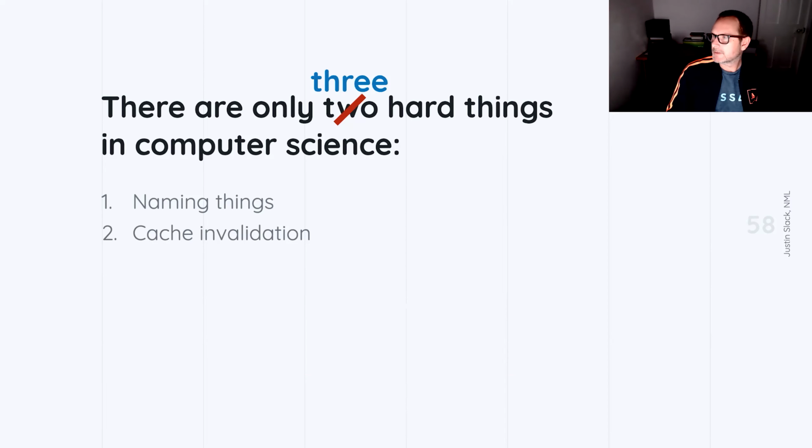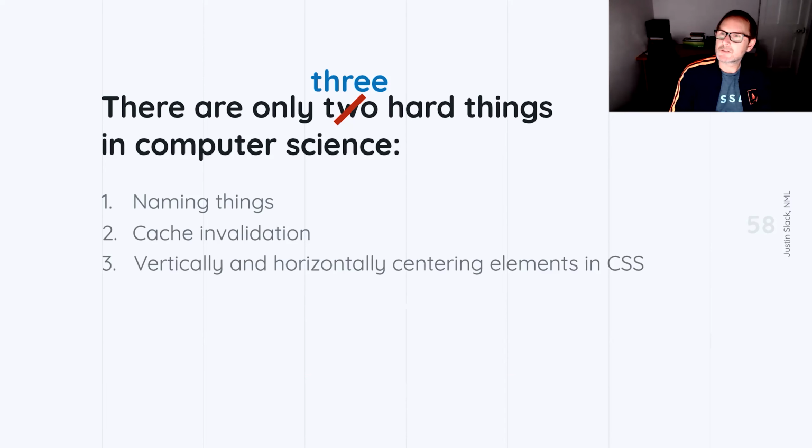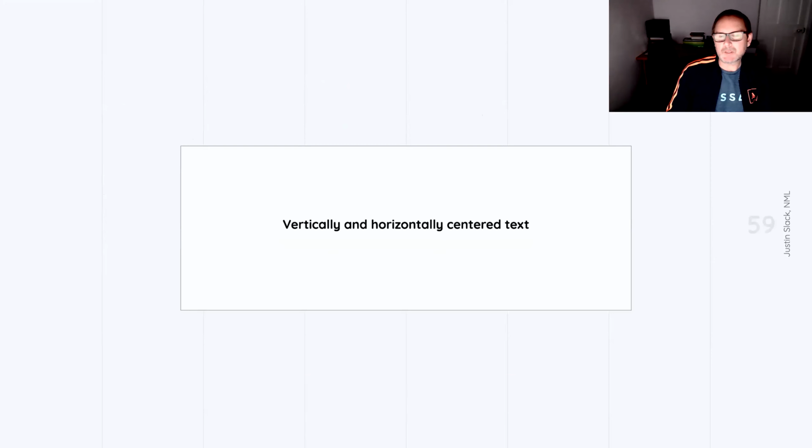And the third one is vertically and horizontally centering elements in CSS. This has been a bugbear of everyone forever. And I can't tell you how many blog posts there are on how to do this and how many weird techniques with negative transforms and absolute positioning and all sorts of stuff, to do something as simple as that.